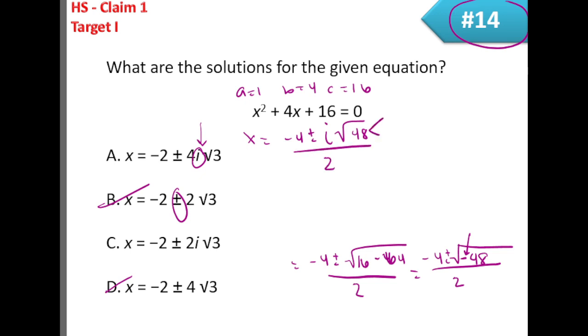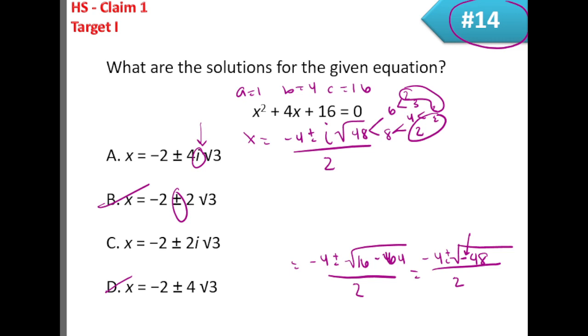And I'm going to go ahead and factor out 48 so that we can simplify it. So I would put 6 times 8, 4 and 2, 2, 3, 2, 2. So I have 1 pair of 2's here and 2 pairs of 2's.